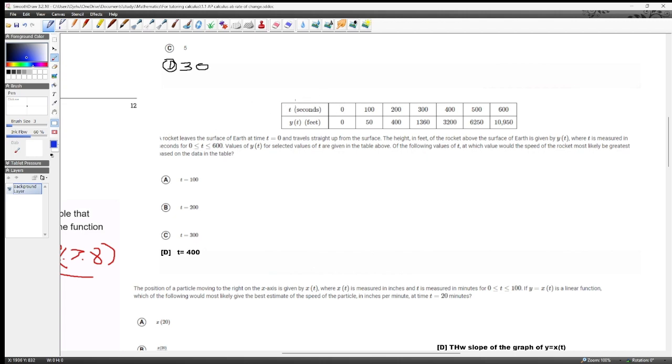For 0 less than or equal to t less than or equal to 600, the values of y(t) for selected values of t are given in the table above. Of the following values of t, at which value would the speed of the rocket most likely be greatest based on the data in the table above?